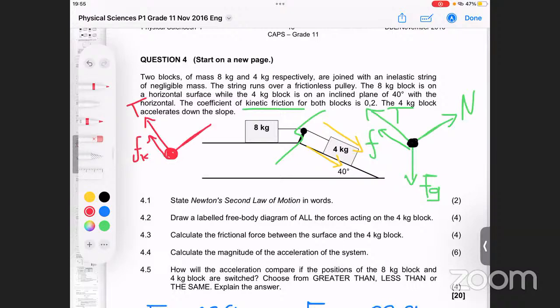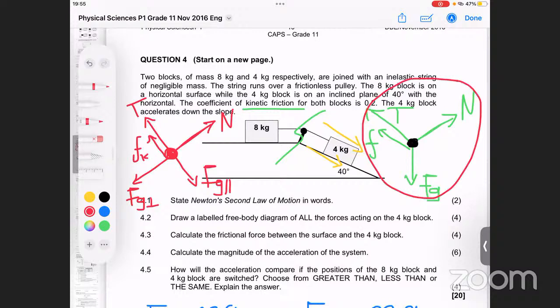If we have a normal force in that direction, then let's have its component, the FG perpendicular. And again, let's have the FG parallel. I said this is for the purpose of answering that question of a free labeled body diagram. But this one on the other side is for the purpose of calculations.